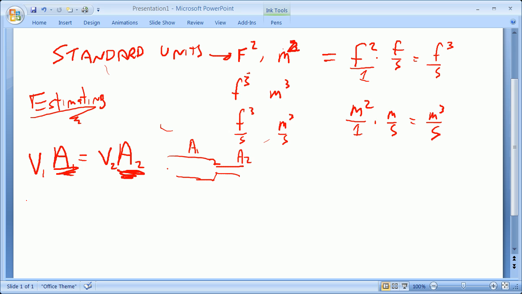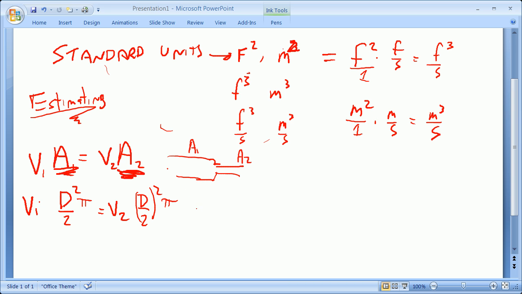So for a circle, this could also be written as V1 times diameter over 2 squared times pi, couldn't it? So if you go over here, that would be the same thing, V2 times diameter over 2 squared times pi.